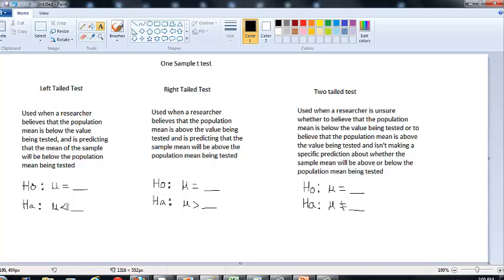And that's actually different in the three types of tests. The null hypothesis is just what the researcher is trying to show evidence against, it's what the researcher is trying to reject. In all three types of tests, the researcher is trying to reject the idea or the possibility that the mean simply equals the number being tested. So all of the null hypotheses are the same.